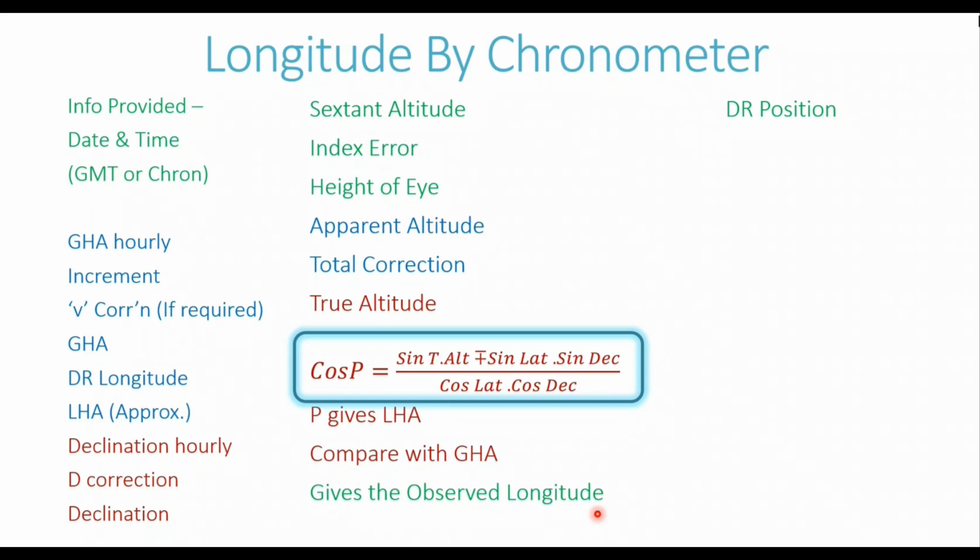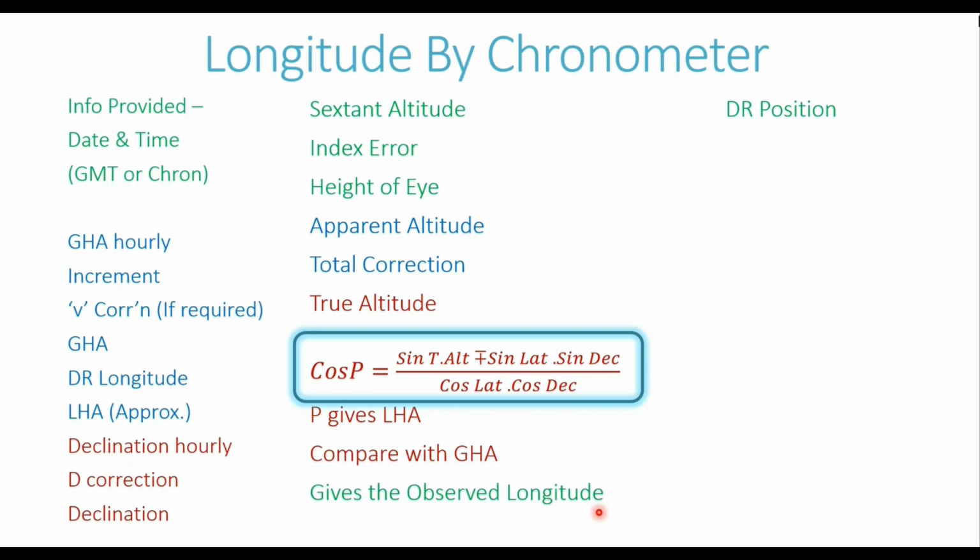Now, as far as the position line is concerned, only finding the observed longitude is not sufficient. We also need to find the direction of the position line. We have a reference point from where the position line passes, that is the observed longitude, but we also need to know the direction in which the PL lies. For that, we need to calculate the azimuth of the body.